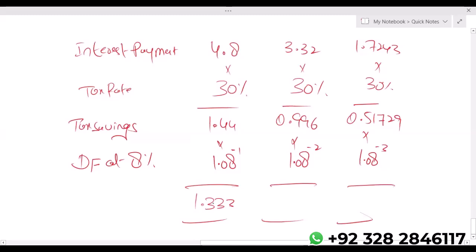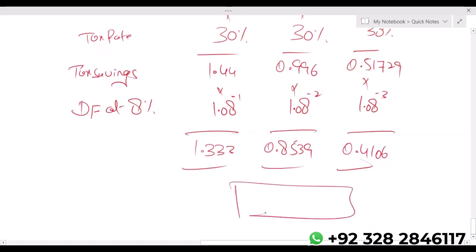Okay. 0.996 into 1.08 to the power minus 2: 0.8539. 0.51729 into 1.08 to the power minus 3: I'm getting 0.4106.